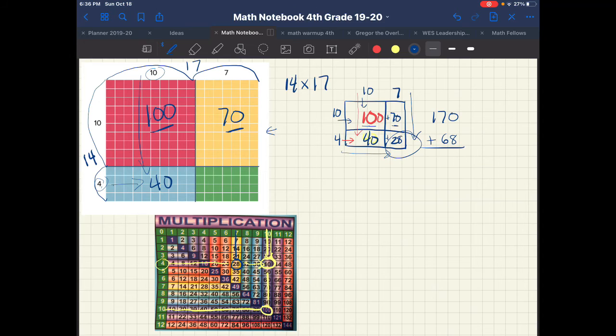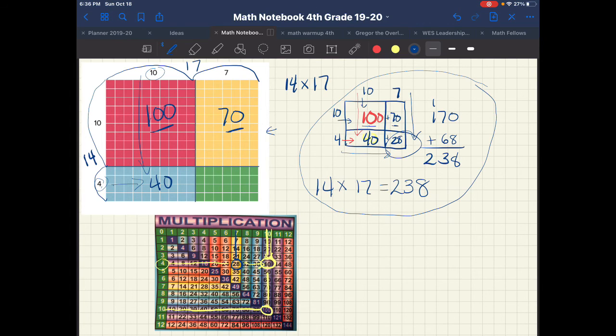Add that up. 0 and 8 is 8. 6 plus 7 is 13. 1 and 1 is 2. 238. So 14 times 17 equals 238. And again, you should have all this written on your own sheet of paper.